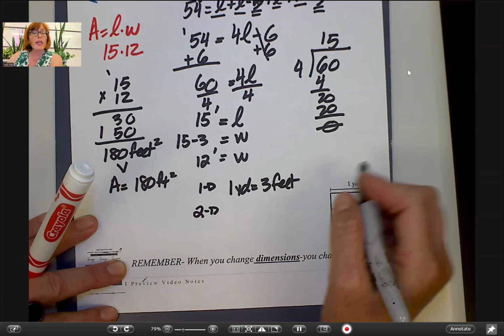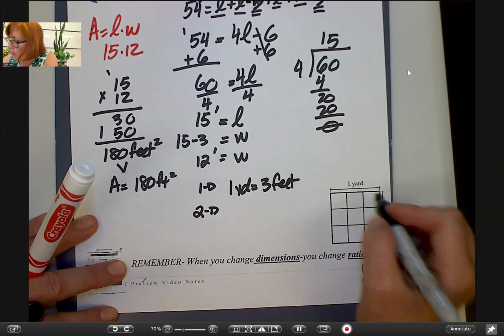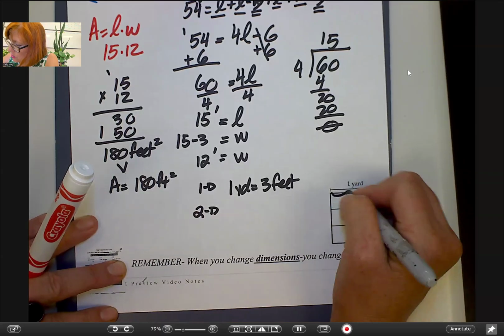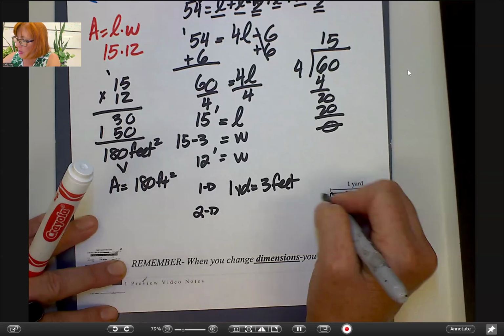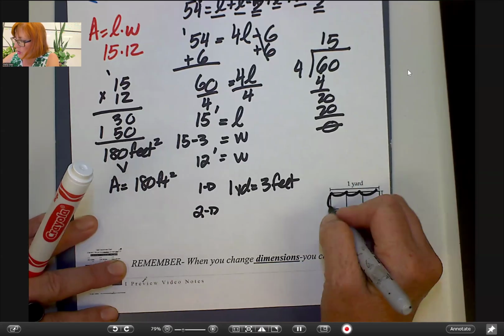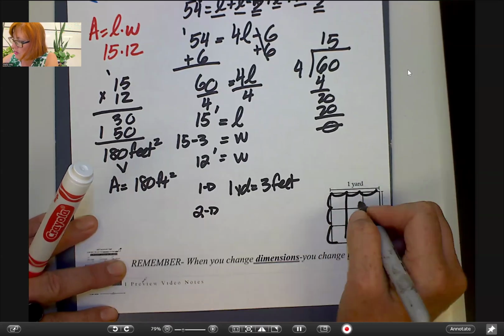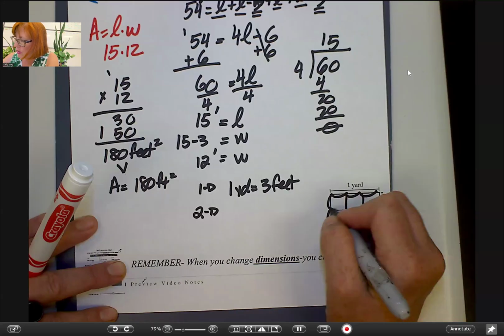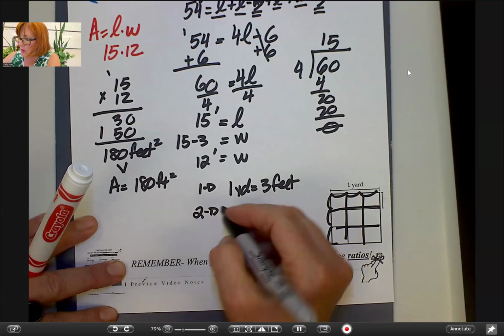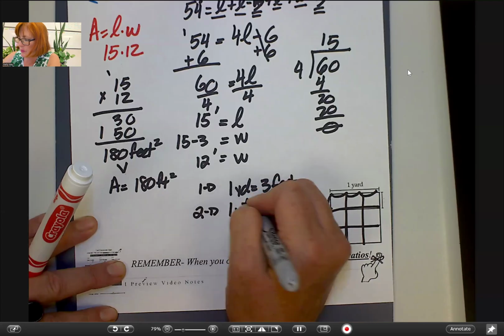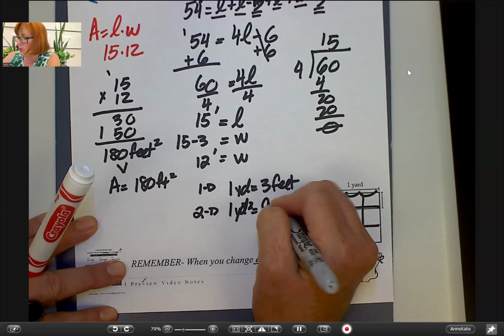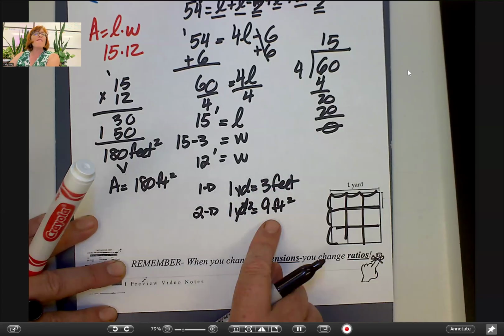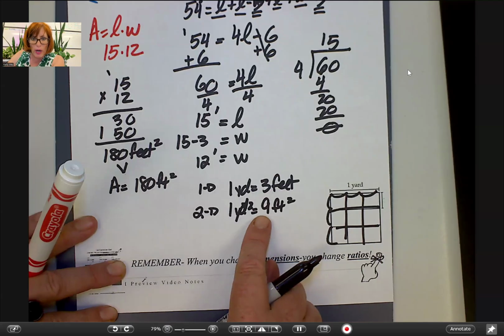So when I square a yard, it is going to be 3 feet by 3 feet. Just if you trace and do this right here, in the second dimension, it's going to be 9 feet squared.